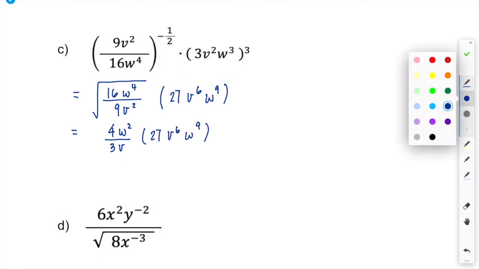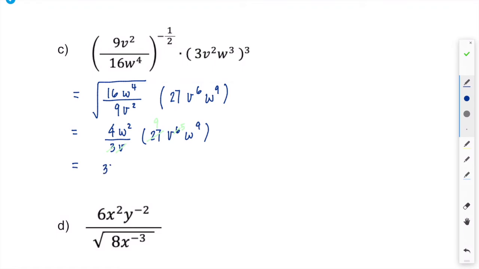I noticed that 3 and 27 can be reduced. And then v and v to the 6, this is v to the power of 5, and then I can multiply out the powers of w. As a result, I get 36 v to the 5 over w to the power of 11.